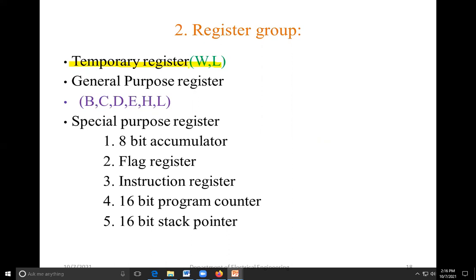Then there are the general purpose registers B, C, D, E, H, L. These are 8-bit registers.